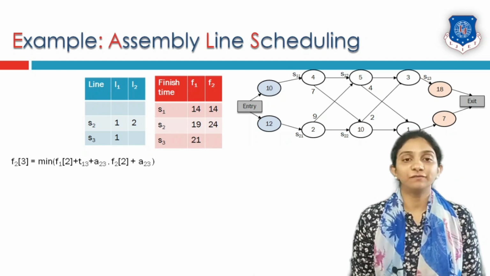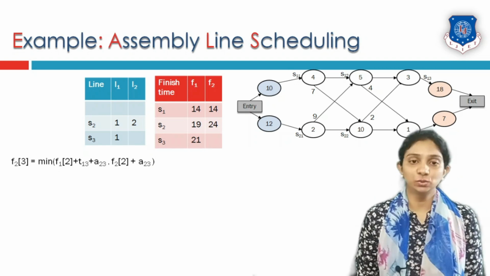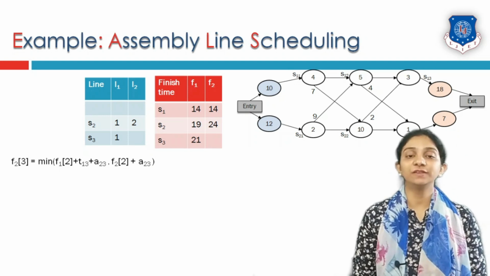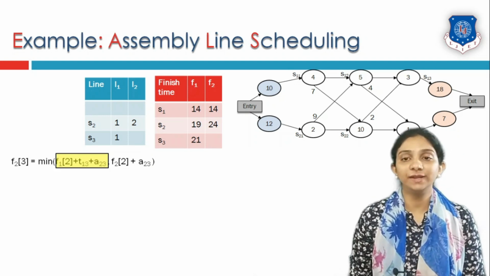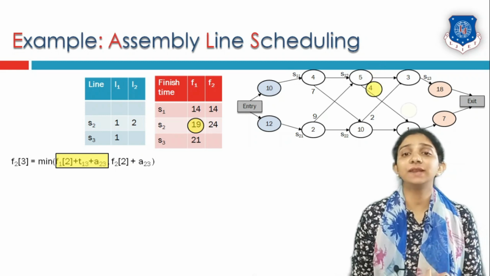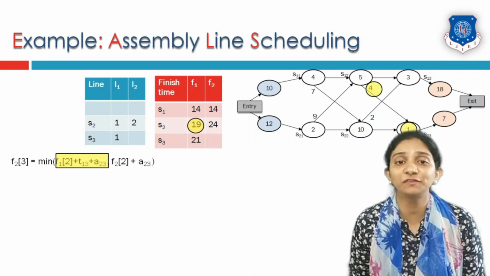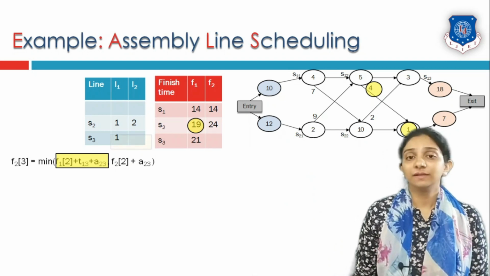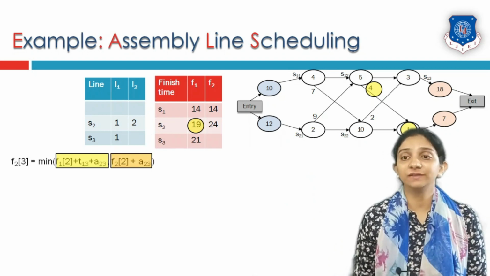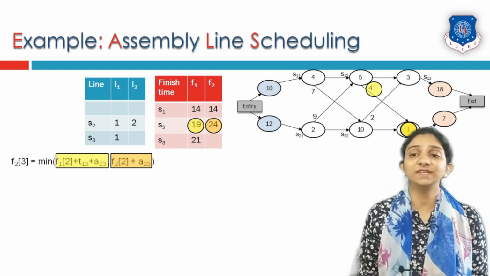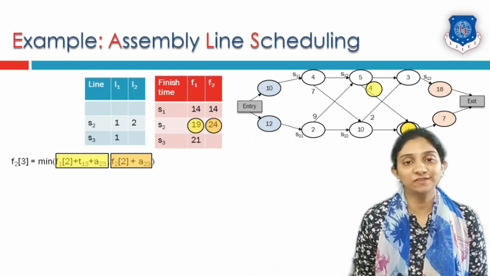Now let us calculate for station number 3 in line 2. For station number 3 in line 2, the first component is the finish time of line 1 station 2 plus the transfer time plus the processing time of the station itself. And the second component is station number 2 in the same line 2 plus the processing time of the station itself.